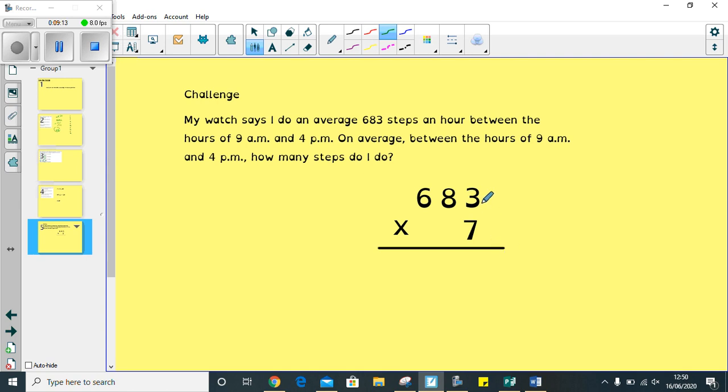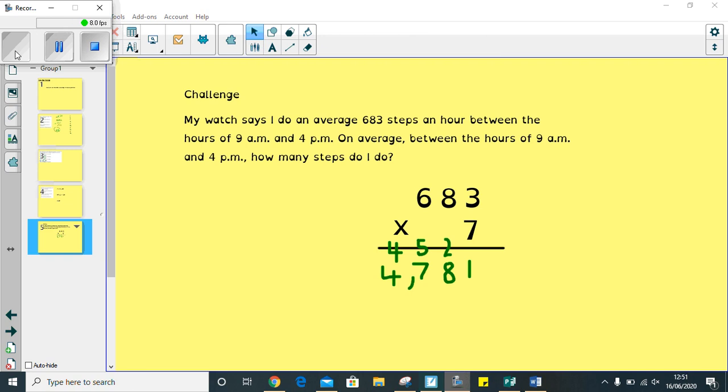So I know that 3 times 7 is equal to 21. 7 times 8 I know is equal to 56. Got a 2 there already, so that becomes 58. And then 7 times 6 is equal to 42, but I've got a 5 there already, so that becomes a 47. So my answer should be 4,781.